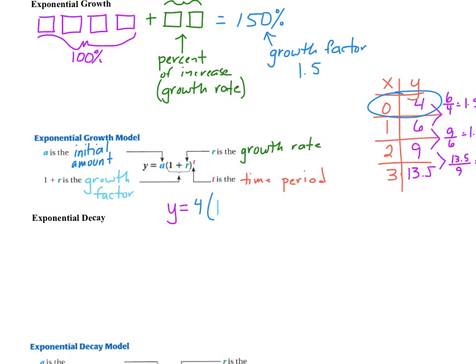So I already had my 100%, but then my rate was 0.5, which is, guess what, 1.5. And then each time I raised it to a different power, x. So if I was to take 4 times 1.5 to the first power, I would get 6. If I do 4 times 1.5 to the second, I get 9, and so on and so forth, okay?